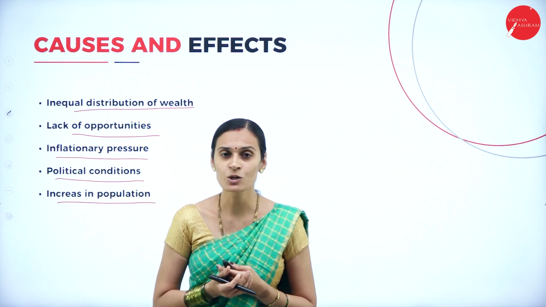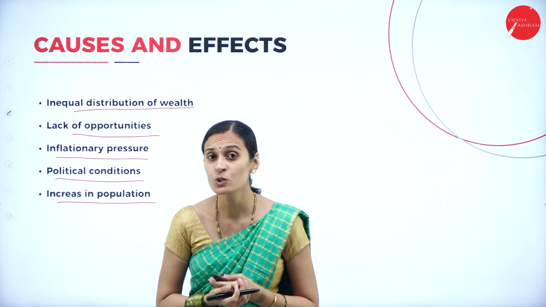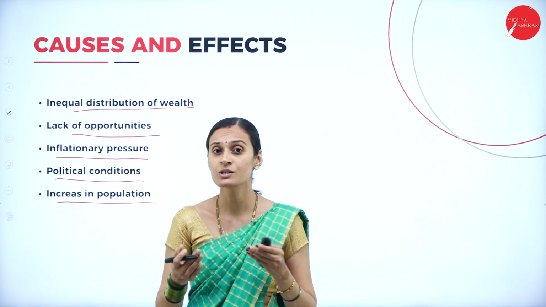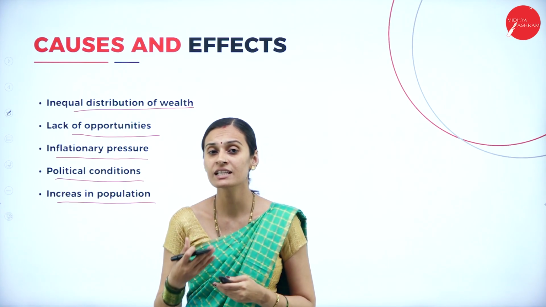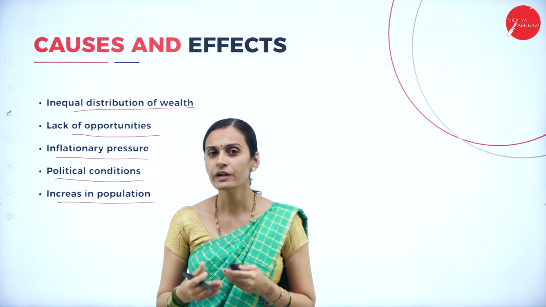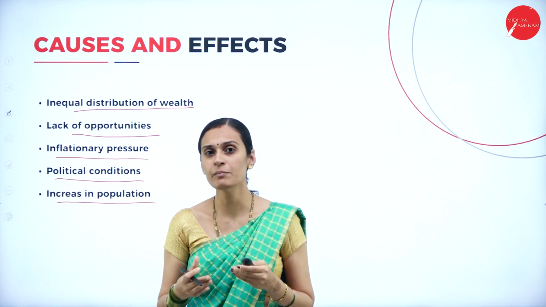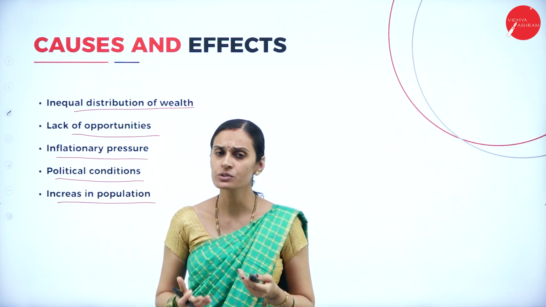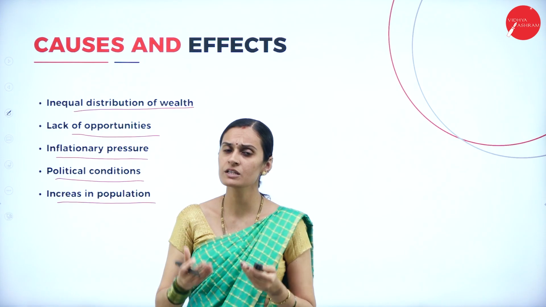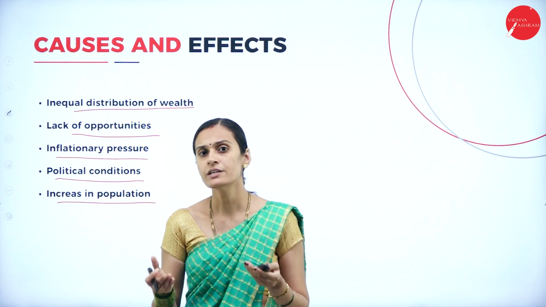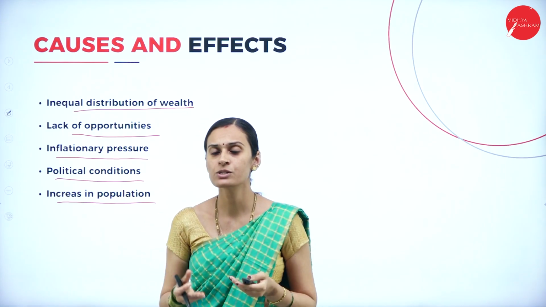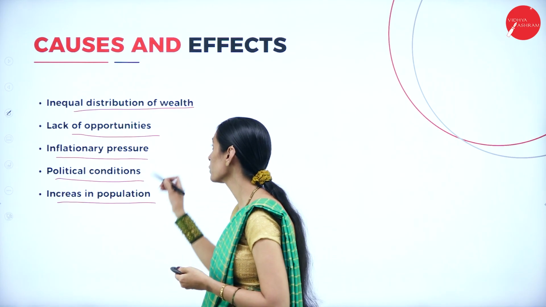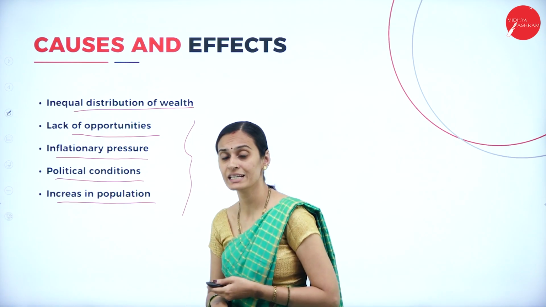Employment opportunities are not increasing, and it is not possible to maintain the standard of living of the people in society as the population grows, because the number of persons in a family increases, which leads to a decrease in per capita income. So again the purchasing power of the person decreases, and of course the standard of living of the people worsens. These are all the different causes of income inequalities.